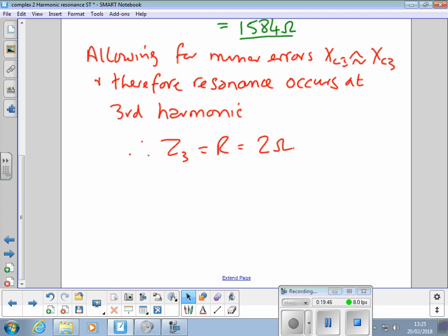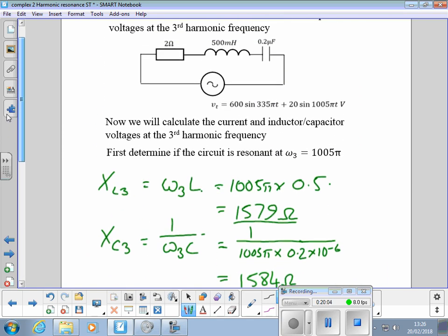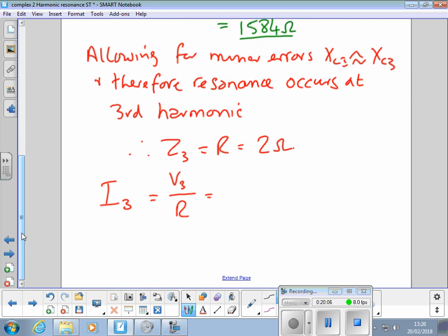Right, so the current I at the third harmonic is equal to the third harmonic voltage divided by R. Third harmonic voltage in this case is 20 volts, divided by 2 ohms equals 10 amps.